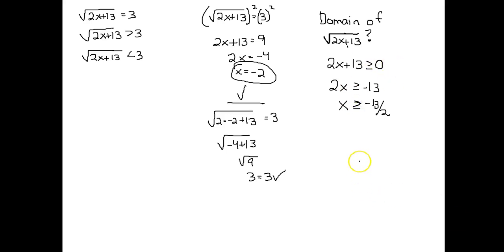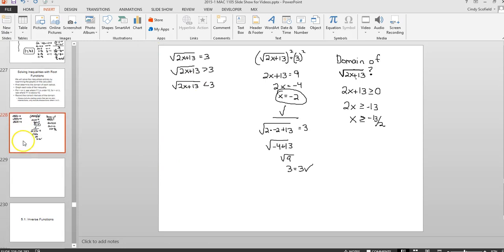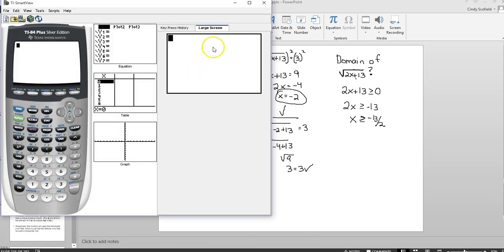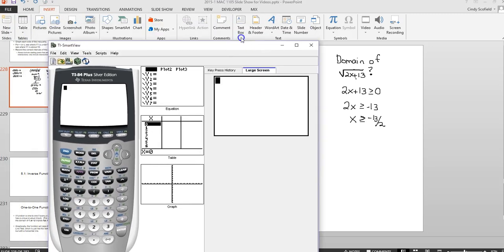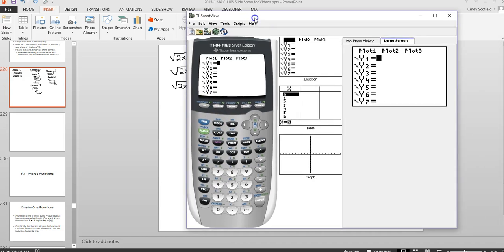All right, so let me minimize this and pull up my slideshow, this is my slideshow. Pull up my calculator. All right, what I can do is in the y equals, I can put in square root, if it cooperates.